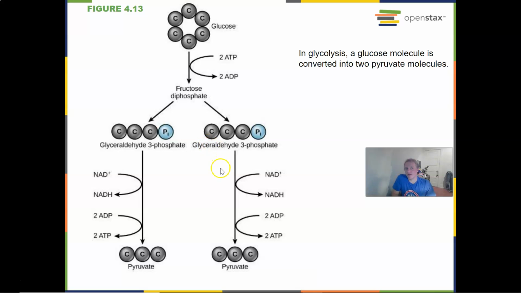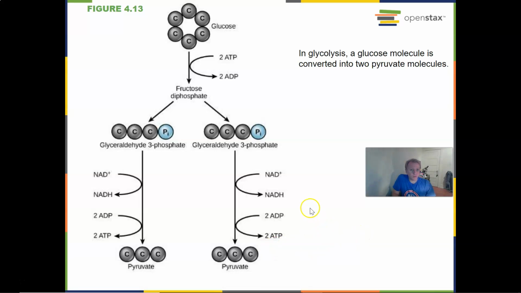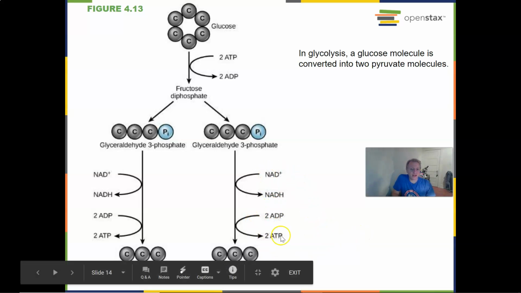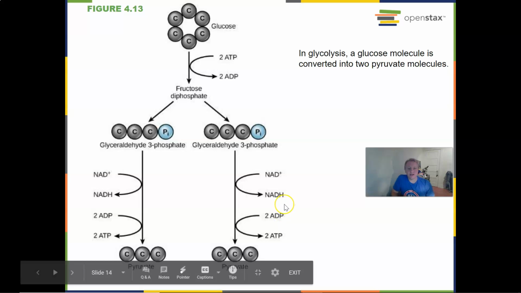There's actually a lot more intermediate steps than what it's showing here. Ultimately, what you're going to wind up with is 2 pyruvate. Okay, and what else? You're also going to end up with ATP. You make some energy as part of this process, right? You also make NADH. You are making electron carriers as part of this process.